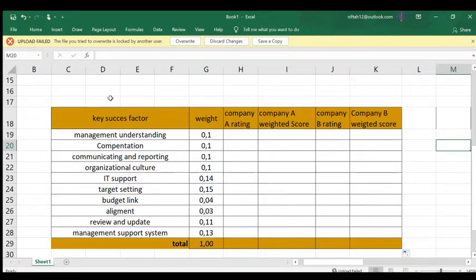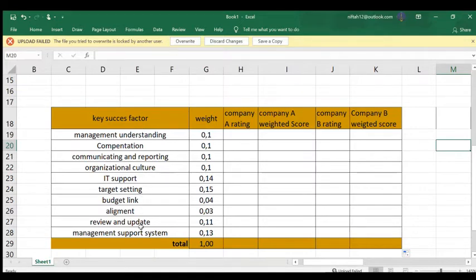Okay, here is the industry matrix. First, you must have a matrix like this. One column for key success factor, one column for the weight of the key success factor, and two columns for rating a company. This is for rating company A. This is the rating for company B. You can make company C, D, and others. Fill in the key success factors like this.